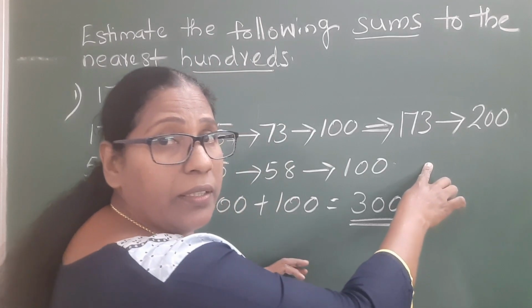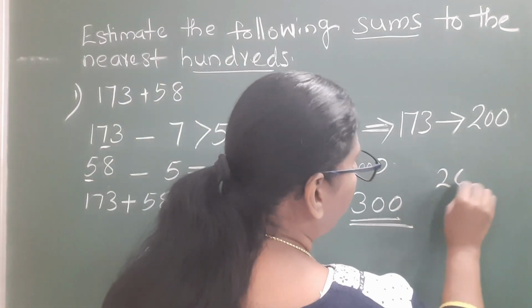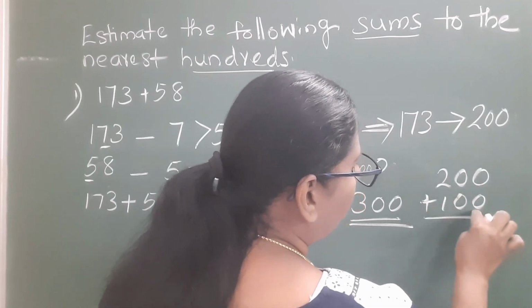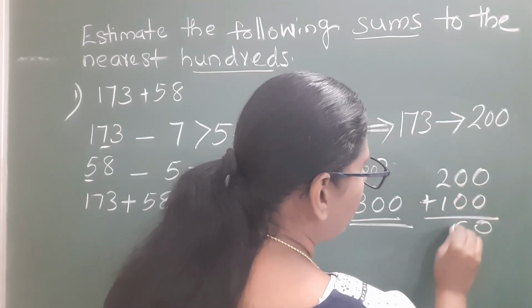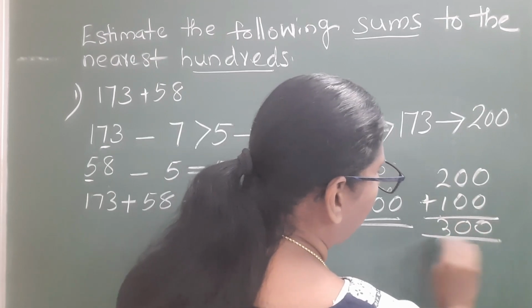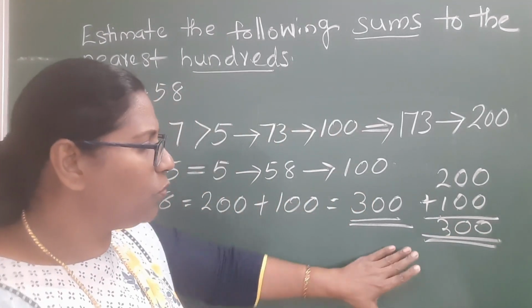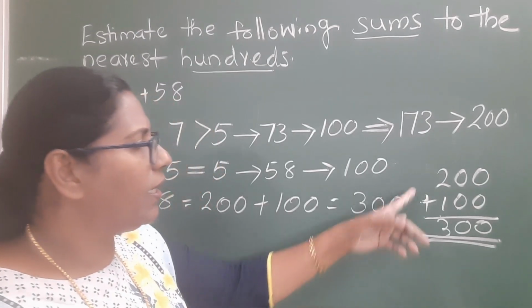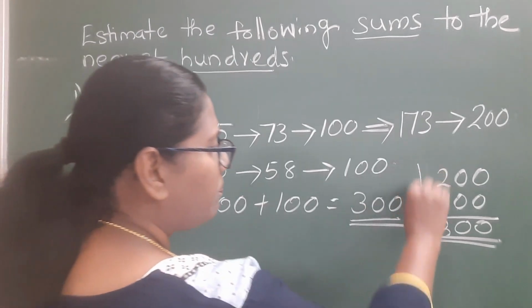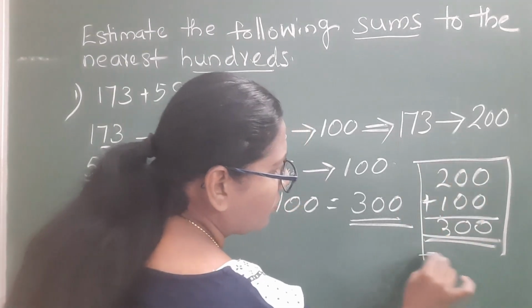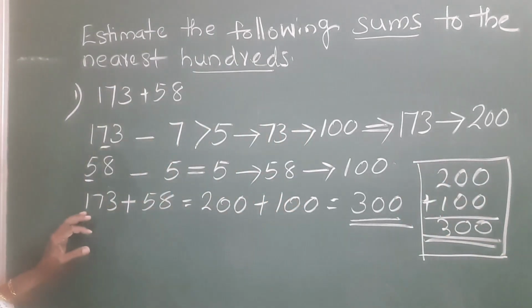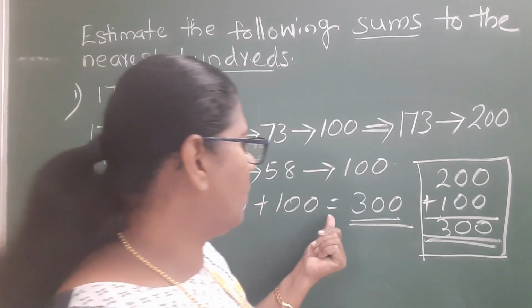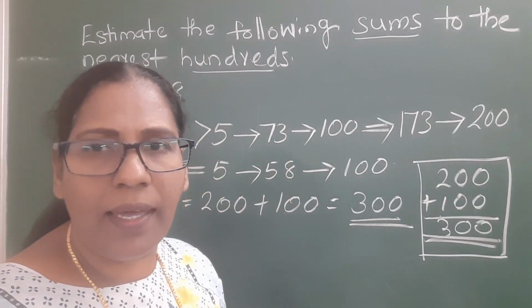I will do it here again, because before I was going a little bit down, so you won't be able to see. 200 plus 100. 0 plus 0 is 0, 0 plus 0 is 0, 2 plus 1 is 3. So 173 plus 58 is equal to 200 plus 100 is equal to 300 is the answer.